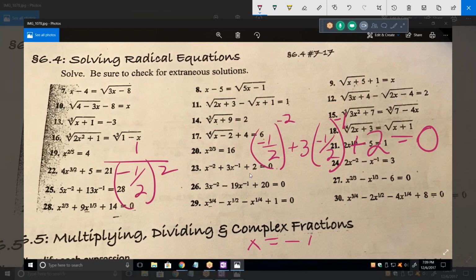Now, what's the denominator become? I forgot how to square. Do you square top and bottom? Minus 1/2 times minus 1/2.